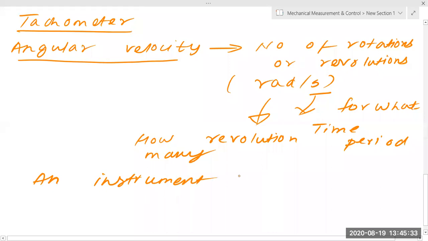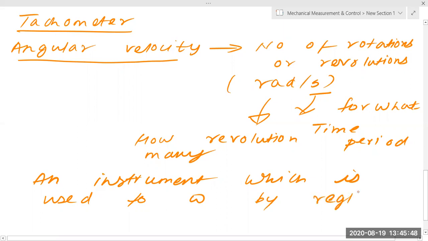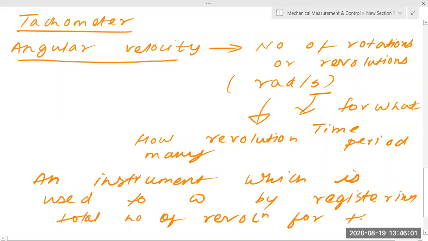An instrument which is used to measure angular velocity, omega, by registering the total number of revolutions for the total period of contact.